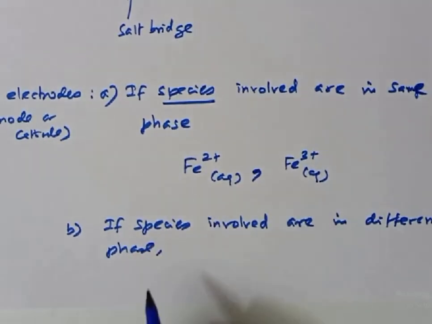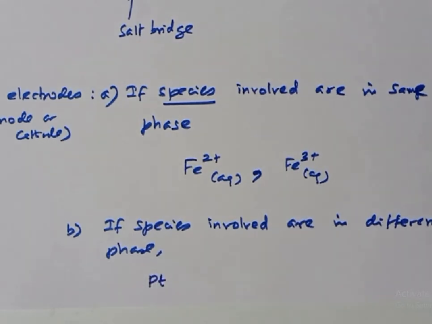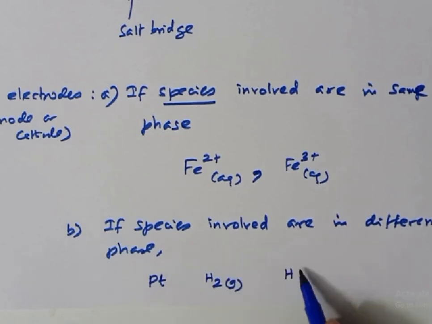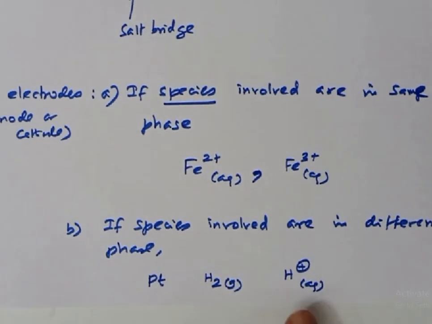For example, in the case of the hydrogen electrode, which we are going to discuss, we use platinum metal and hydrogen gas, and the hydrogen gas is passed through an H plus ion solution, aqueous H plus ion. This is liquid, this is gas, this is solid. To represent this electrode, we must put a single vertical line in between. It is called the phase boundary. Students, a single vertical line indicates a phase boundary.